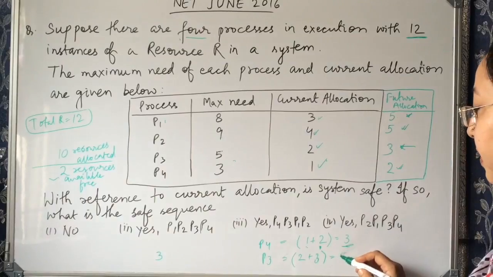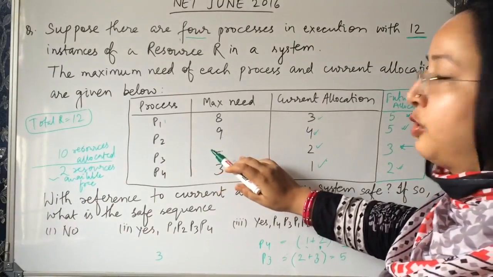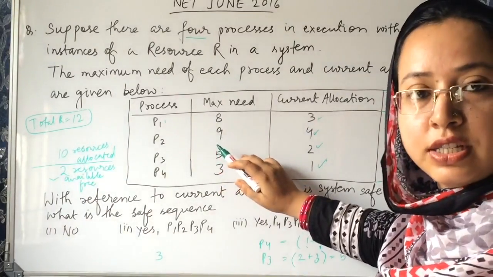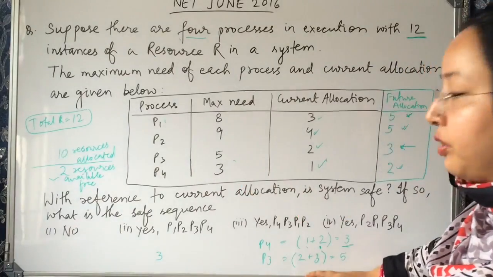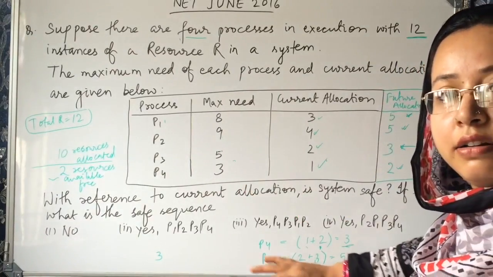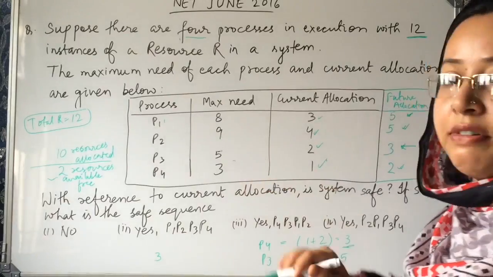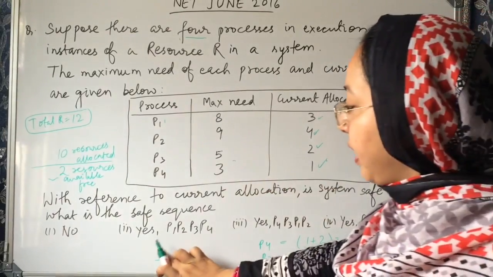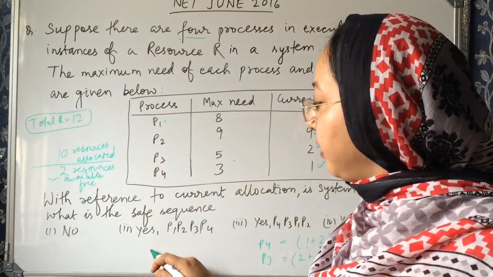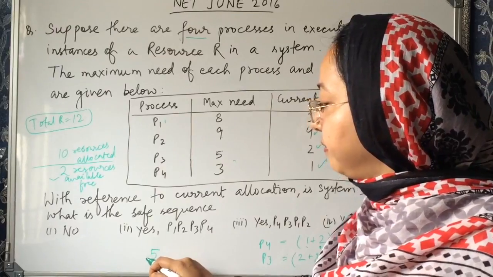It will become 5, and as soon as P3 gets a total of 5 resources, it will execute completely and release all these 5 resources. Now our free available resources will become 5.